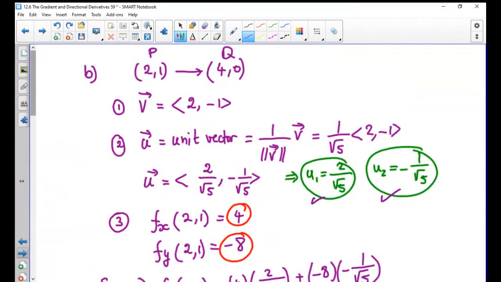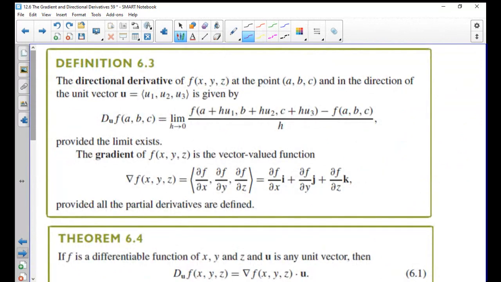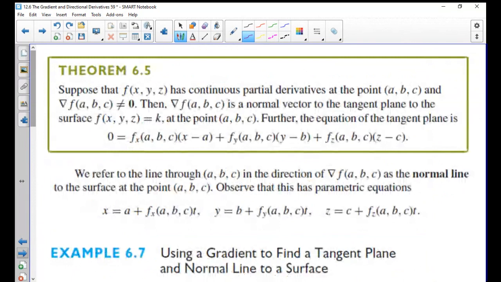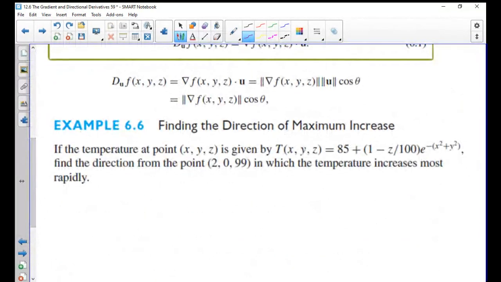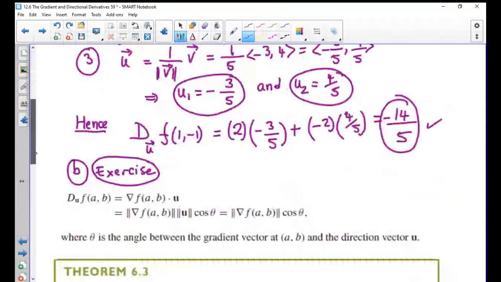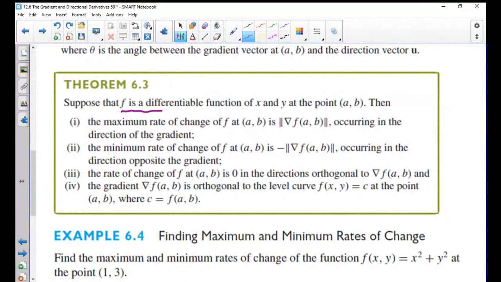So let me go to it. Suppose you have a function f differentiable at a point AB, then the maximum rate of change of f at AB is the magnitude of the gradient.